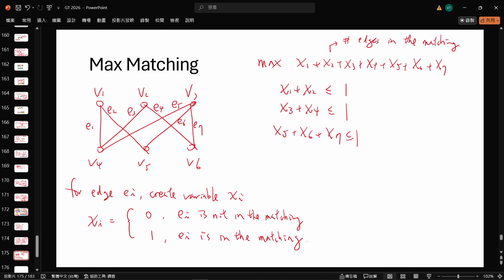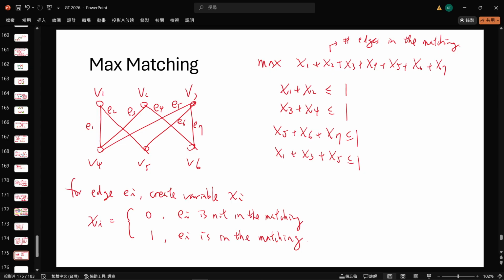For V4, the edges incident to V4 are E1, E3, and E5. So x1 plus x3 plus x5 is at most 1.